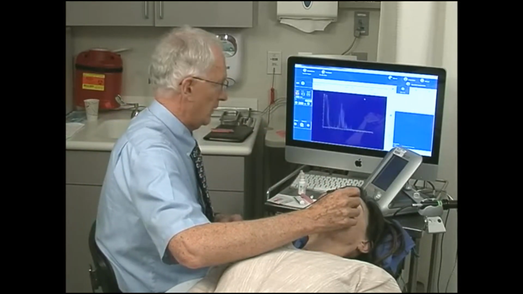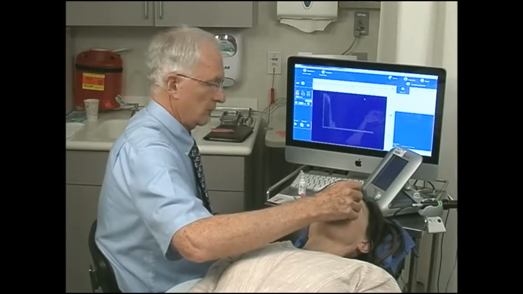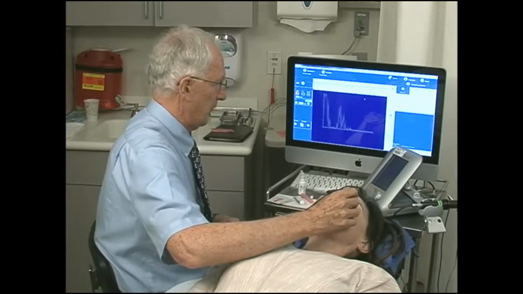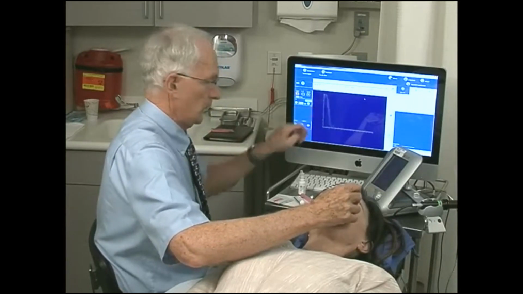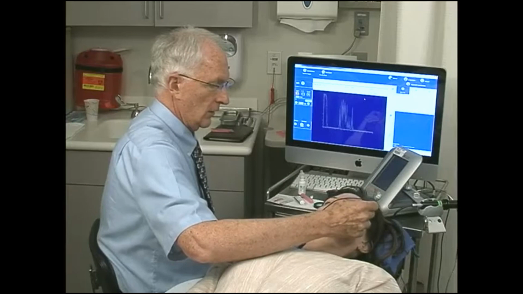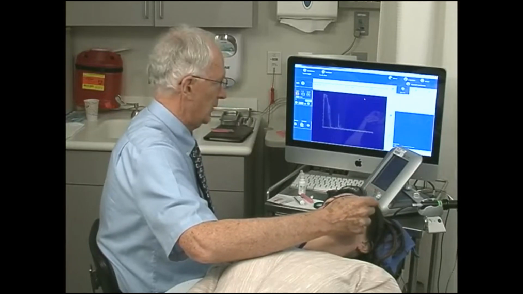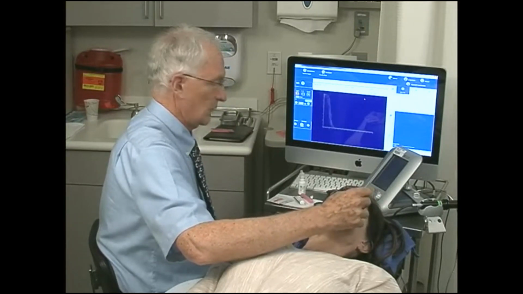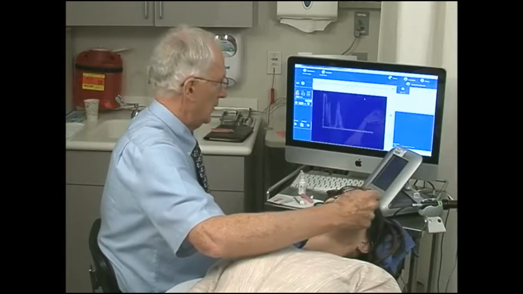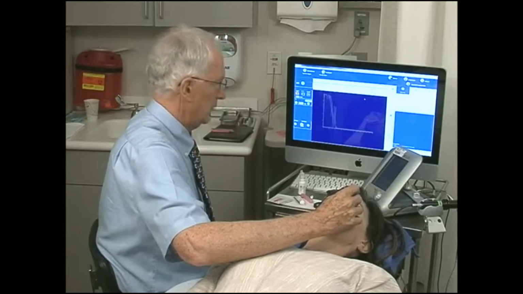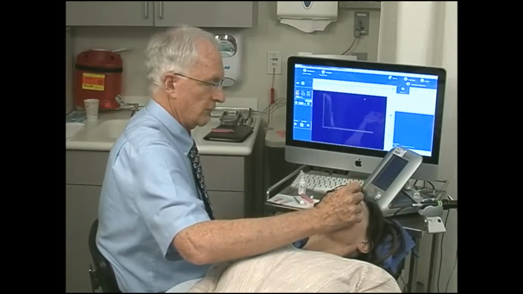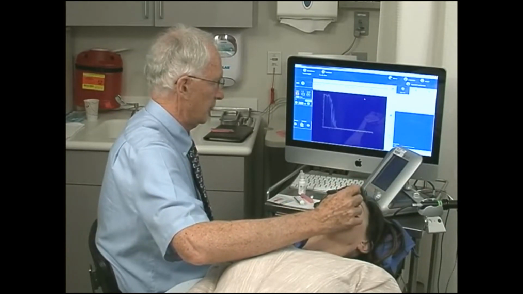I'll also go around in the different quadrants. So here at 6 o'clock, I will look bypassing the globe. So here's the globe pattern here. I want to bypass that, so I'll go more inferiorly, and I'll see the orbital display here. I'll go to 4 o'clock, and I'll show it here. I'll go to 2 o'clock and bypass the globe, showing here. I'm going to 12 o'clock and not showing the globe pattern, just the orbital pattern.